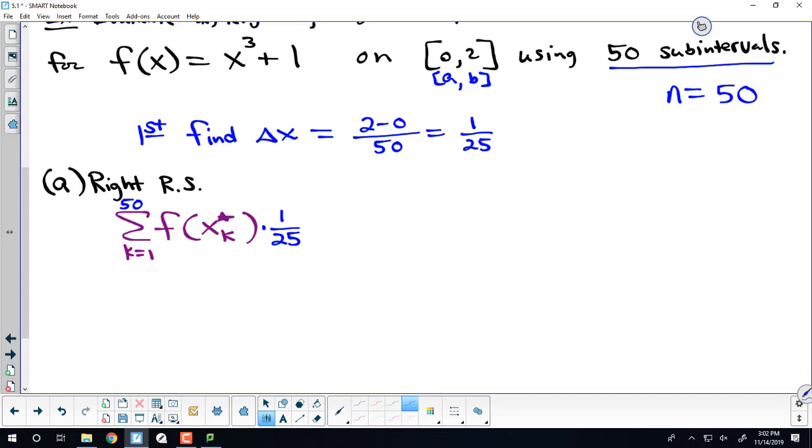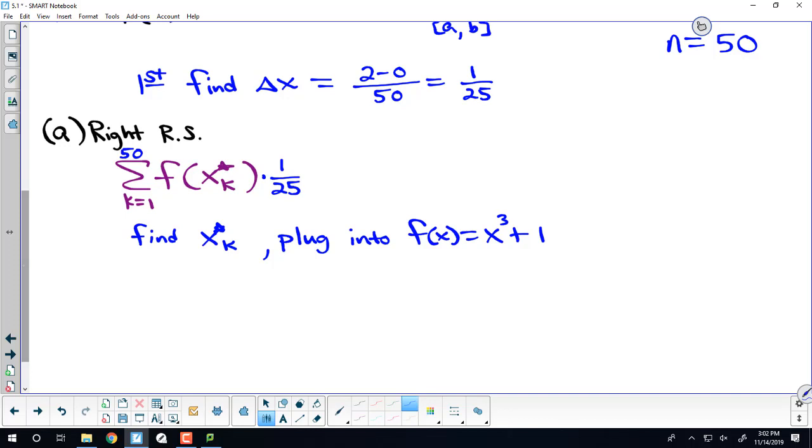So the next thing we need to do is find x star sub k for the right Riemann sum and plug that in. The function x cubed plus 1, because we need f of x star to go into that summation. Okay, so we have x star sub k for the right Riemann sum.